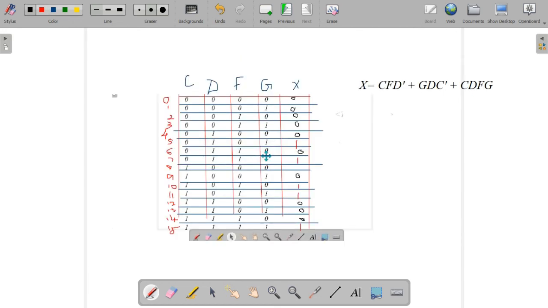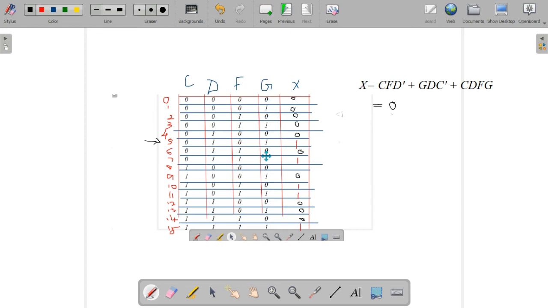So here I have drawn that truth table and substituted the values. Finally we got ones in some rows, and the others are all 0. So here you can see this row M5, its decimal value, that is 0 1 0 1.